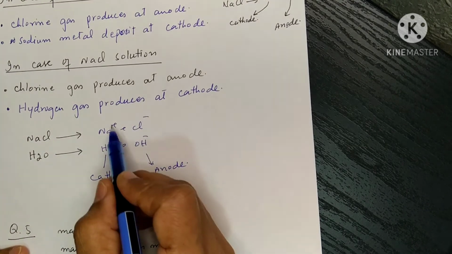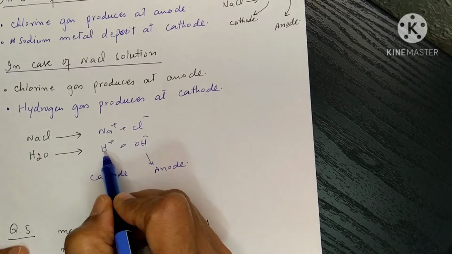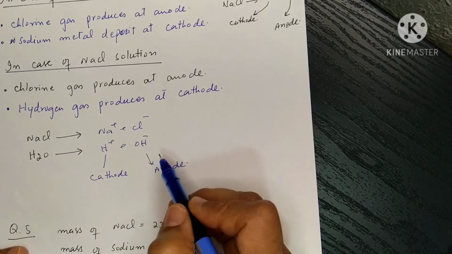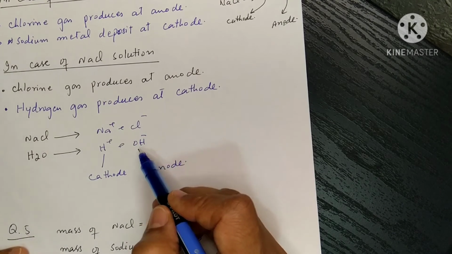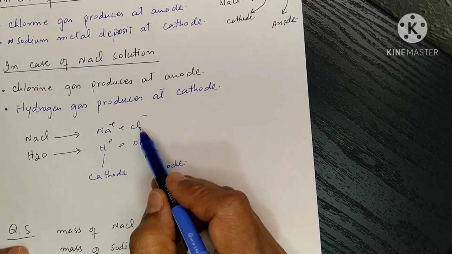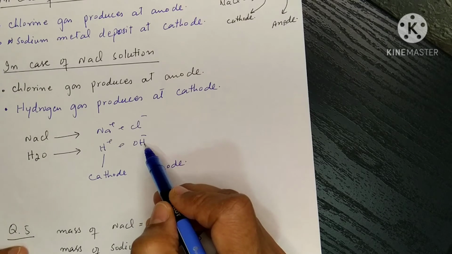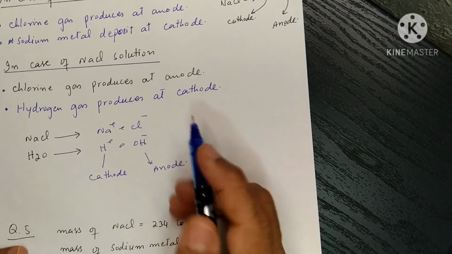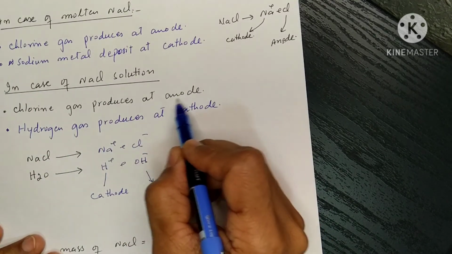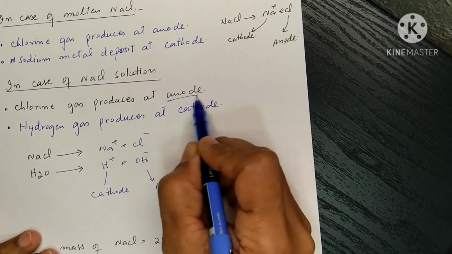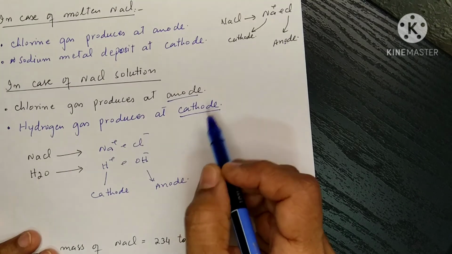At the cathode there is competition between hydrogen and sodium. Hydrogen is less reactive, that's why it will release at the electrode, and sodium remains in the solution. At the anode chlorine gas will produce, and hydroxide ions will remain in the solution. So chlorine gas is produced at the anode and hydrogen gas at the cathode.